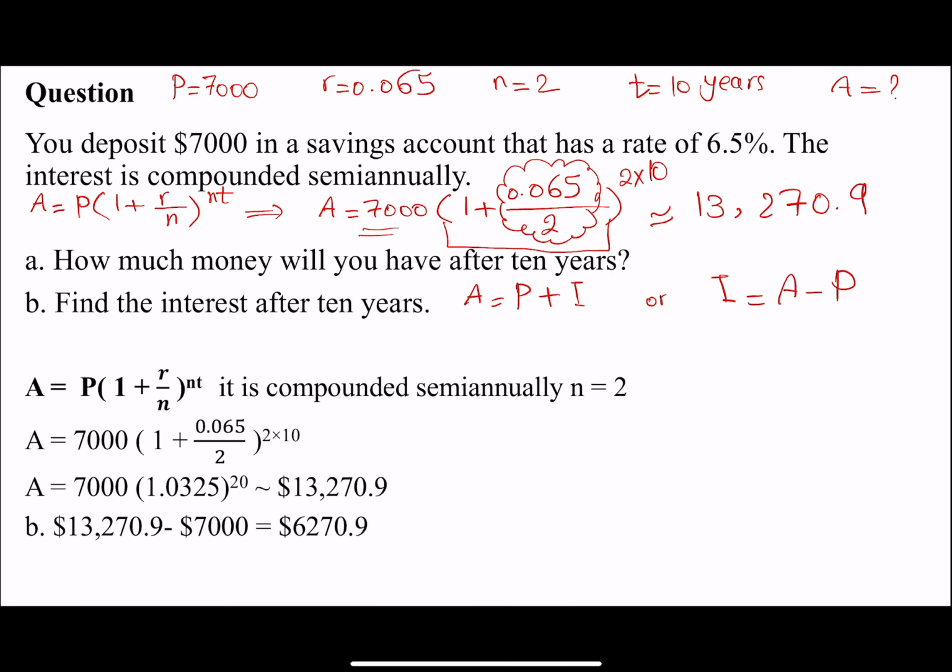Now we have future value around $13,271 minus principal, around $7,000. So you get something around $6,271. That's approximately the amount of interest that we will have after 10 years.